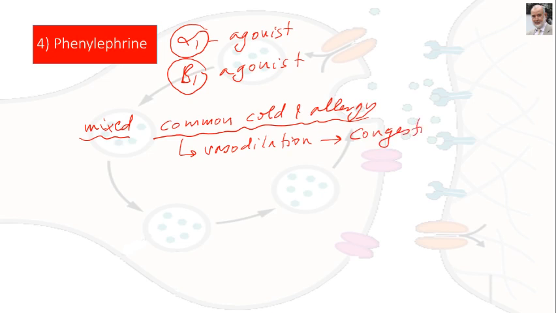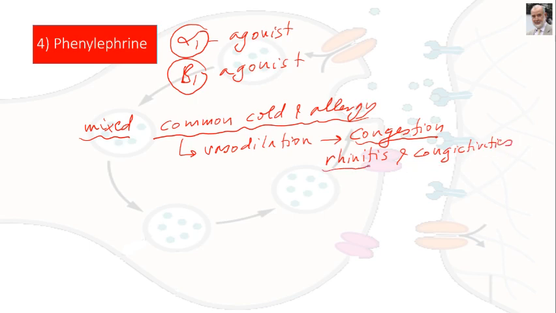Congestion will lead to congestion of the mucous membrane of the upper respiratory tract, and usually this is accompanied by rhinitis, runny nose, and also conjunctivitis, inflammation of the conjunctiva of the eye.